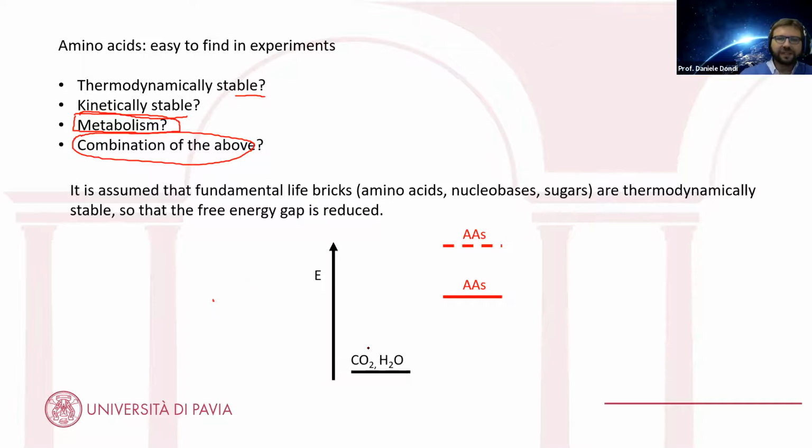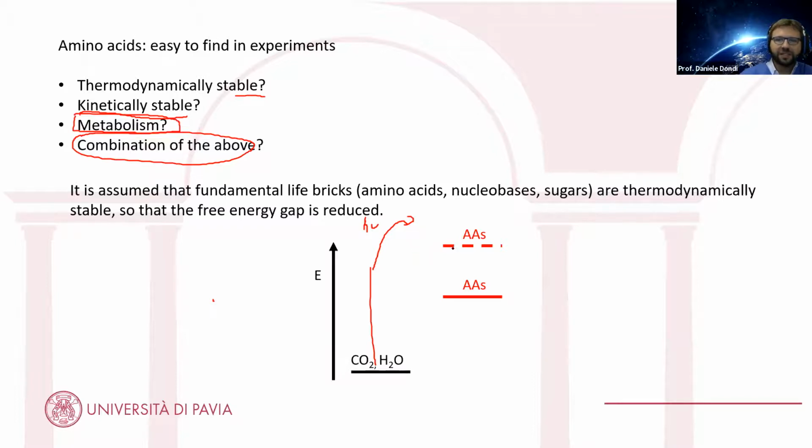We know that nowadays life starts from carbon dioxide, water, and with the photons, you can make photosynthesis, you can produce everything. So at the end, you create an energy gap.